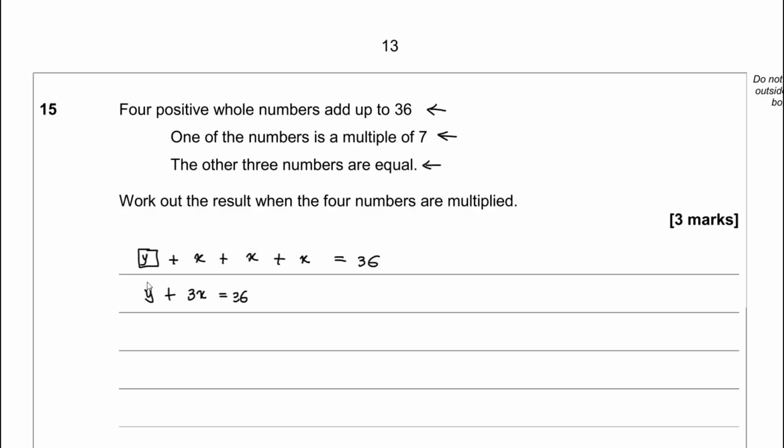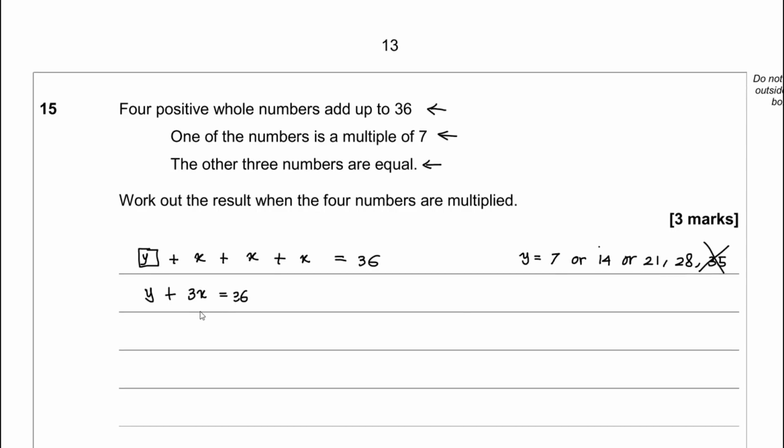Now the possibility of y could be maybe 7 or 14 or 21 or 28 or the next one is 35, but I think 35 wouldn't be possible because all of them should add to 36. So if we have 35 here, then it will be too big. So either this one, or this one, or this one.